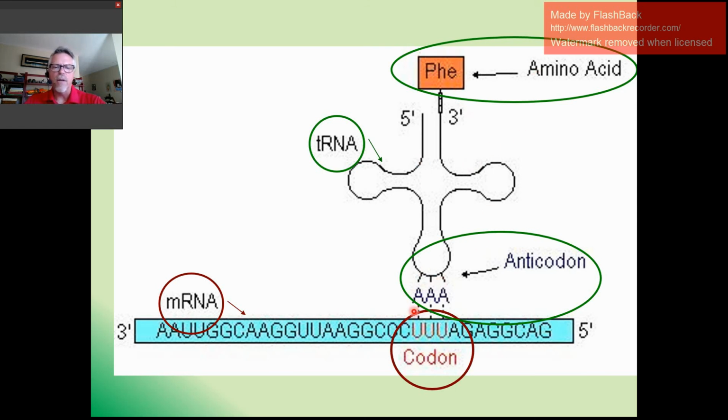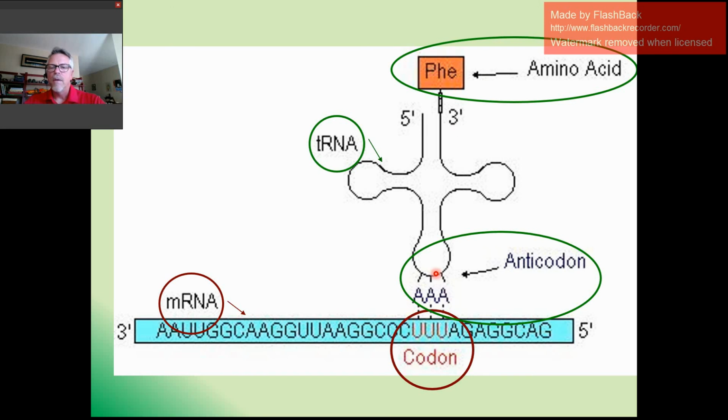So this anticodon, AAA, which will match this codon, UUU, always has the amino acid phenylalanine attached to the other end of that tRNA molecule. So if your anticodon is AAA, then your amino acid is phenylalanine. If you had a different anticodon here, you would have a different amino acid here.